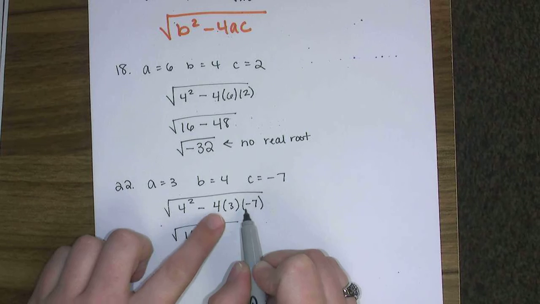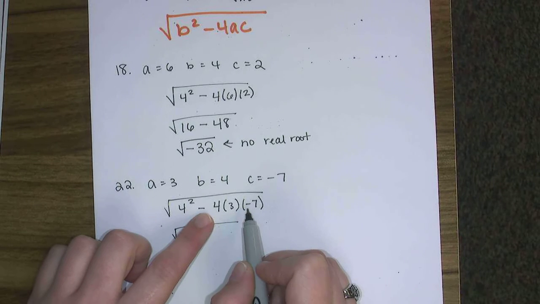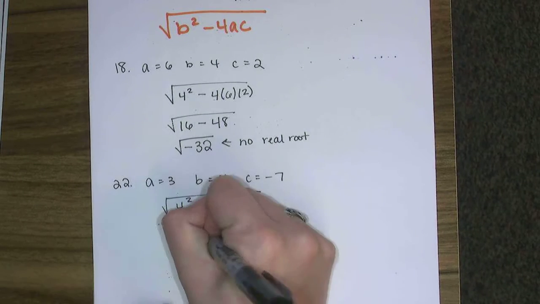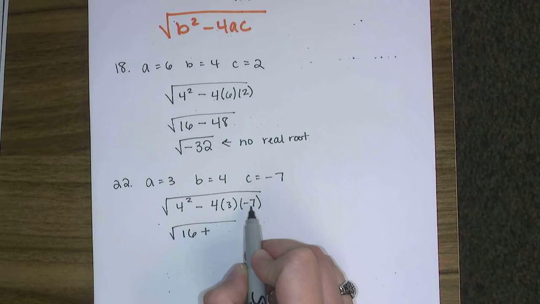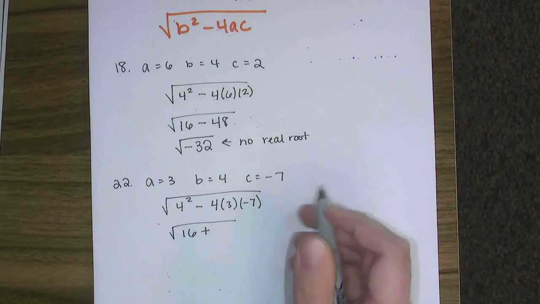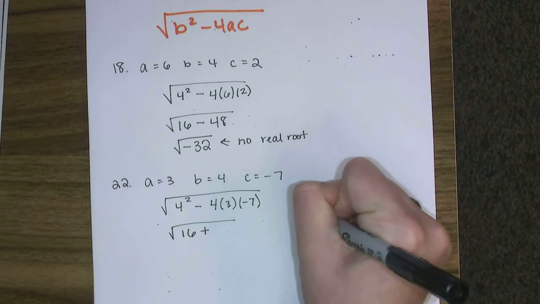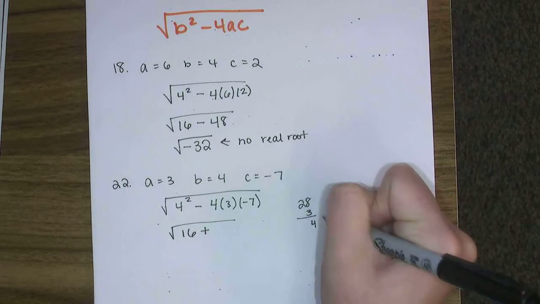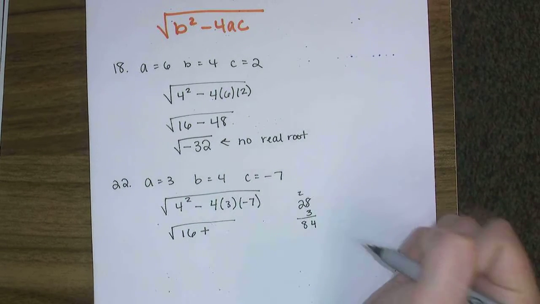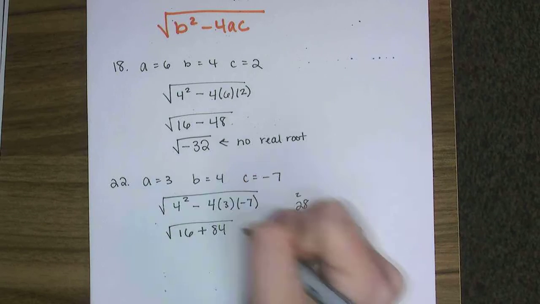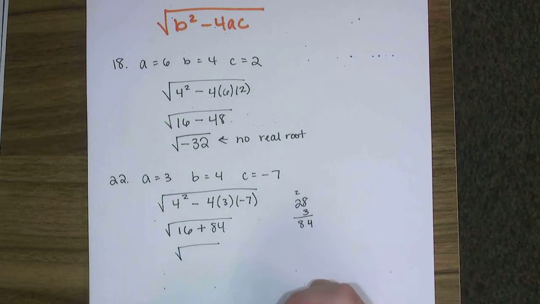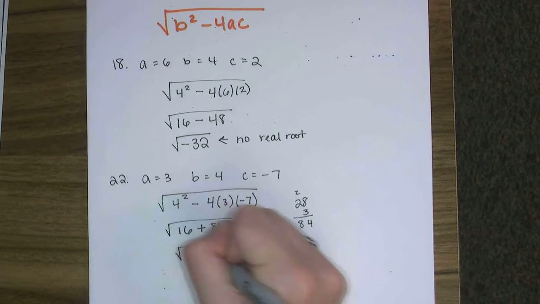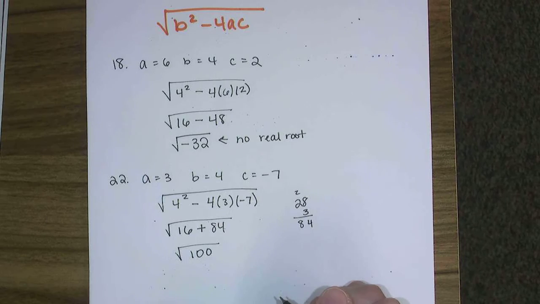I don't know that off the top of my head, so it's 84 it looks like. Now, I have the square root of 16 plus 84 is 100, and the square root of 100 is plus or minus 10. So that would be the answer that goes in the blank for 22, plus or minus 10.